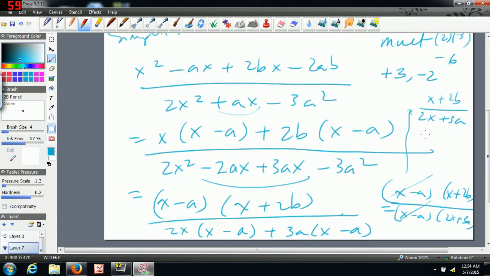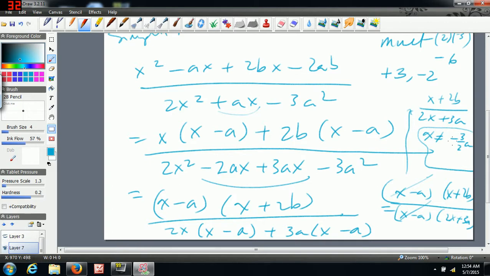At that point you could say that x does not equal negative 3 over 2a, because if it did, the denominator, 2 times negative 3 over 2a, would give us negative 3a, and negative 3a plus 3a would be equal to 0. So that's what you have to watch for. For your restrictions, you always want to state what would make the denominator equal to 0, and that's what your variables can't equal.